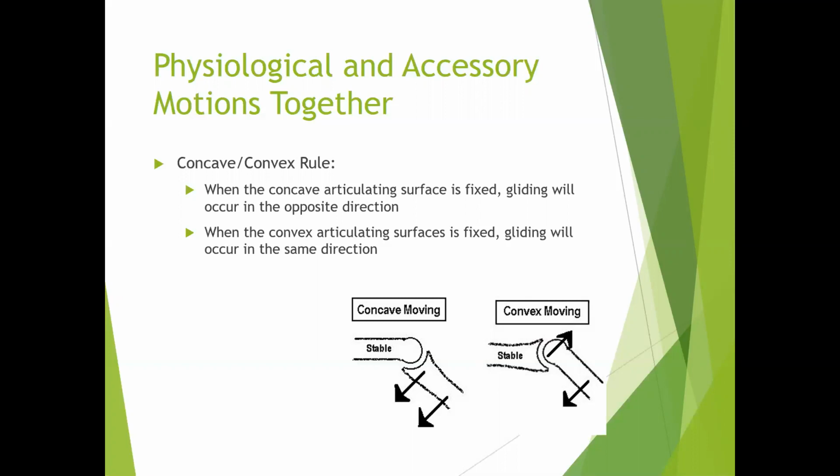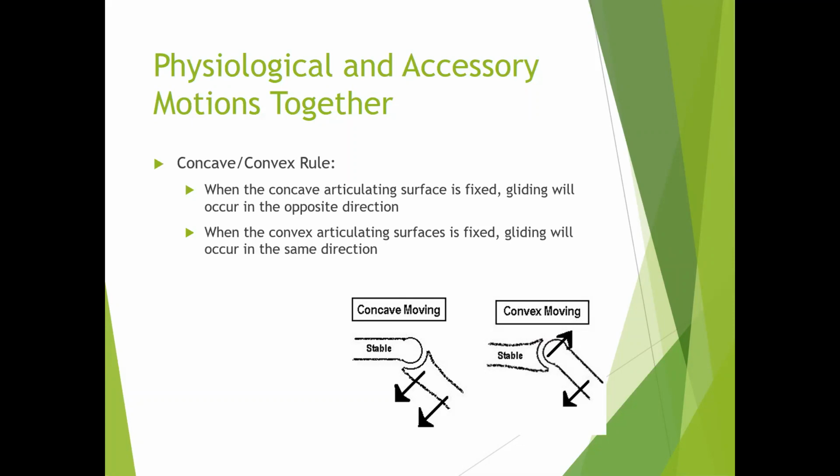So when the convex is fixed and the concave is moving, and see, why I read it wrong was because I had this flip-flopped. Sorry. So whenever we have a stable convex and the concave is moving, the movement and glide will occur in the same direction.